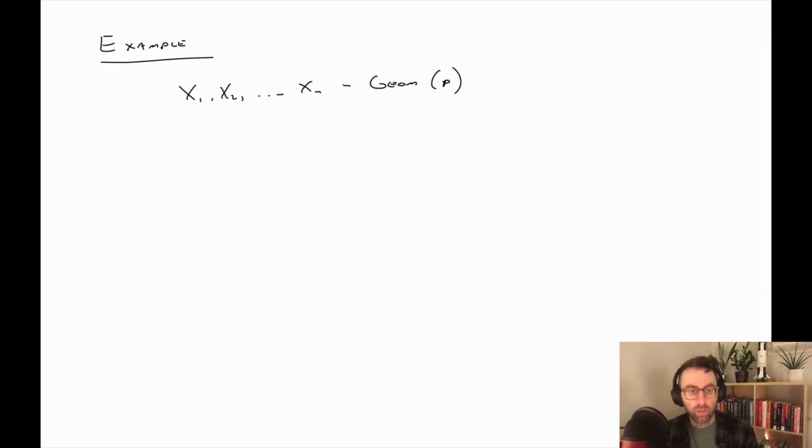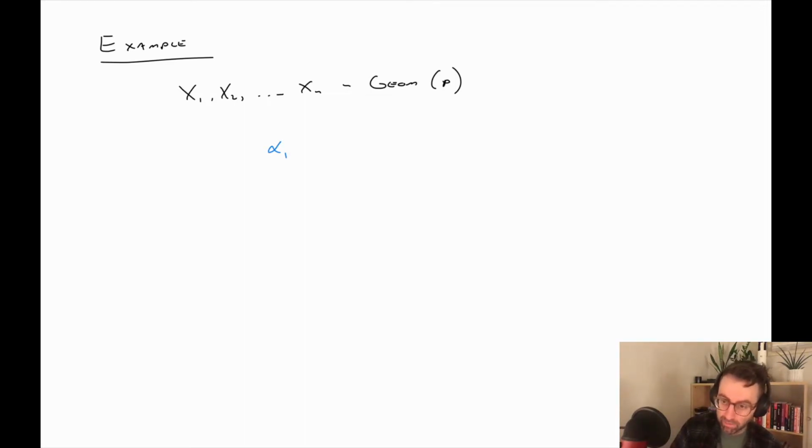Okay, so quick example. Actually, two quick examples to show how to do this. So in this example, we're going to assume that x1 through xn are IID geometric random variables. And so what we would do first is say, well, we have one parameter, so we need one equation of moments.